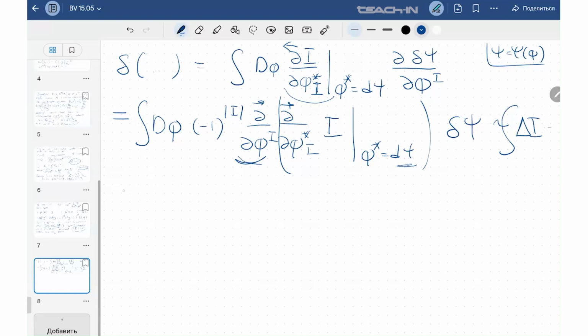And the meaning of this is gauge independence. Okay, so now we know how to form integrals which do not depend on the choice of gauge.